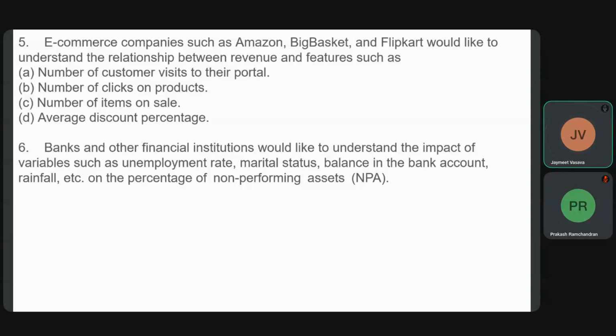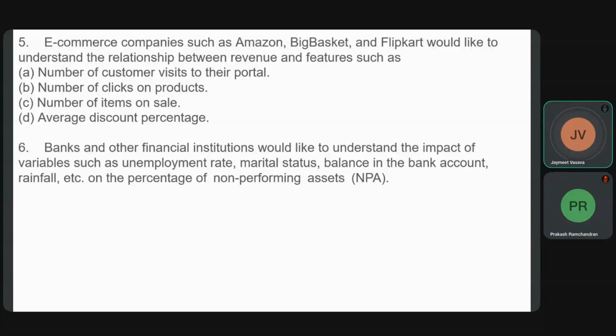Then an e-commerce website like Amazon or Flipkart trying to understand the relationship between the revenue and the number of customers who visit the portal, who click on the products, how many items are on sale on the platform, or the average discount percentage.